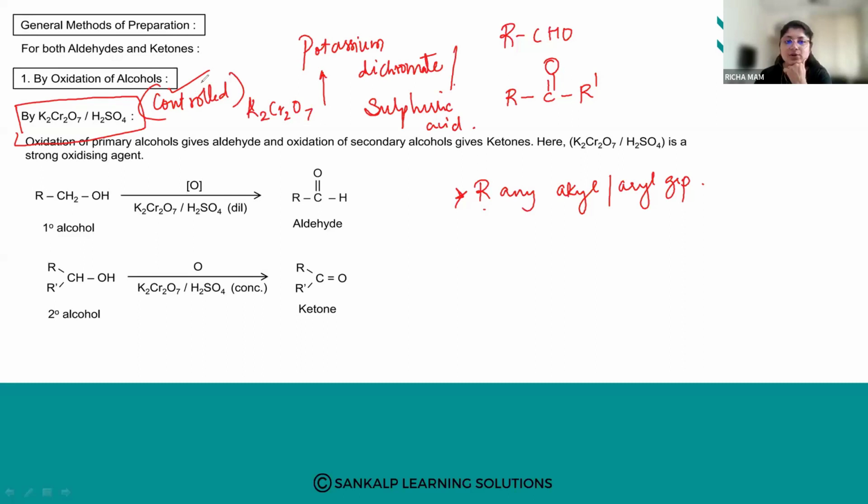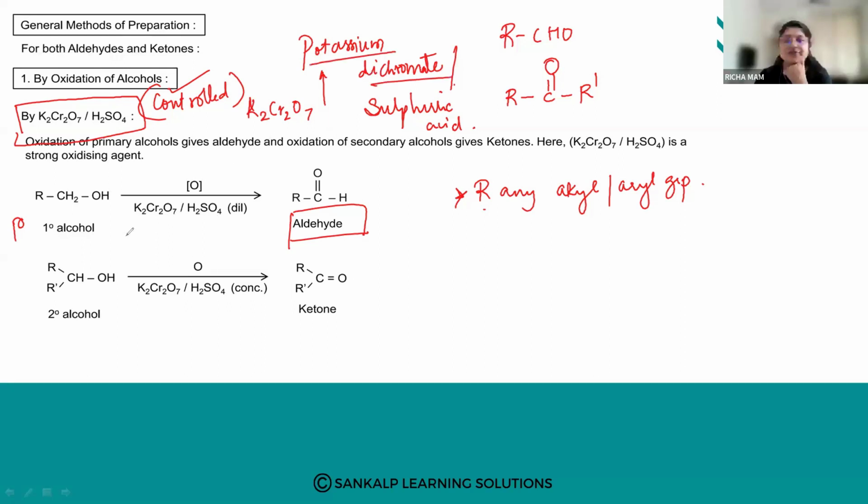Suppose we take a primary alcohol and do oxidation in the presence of K2Cr2O7 and H2SO4; we get an aldehyde. K2Cr2O7 is a good oxidizing agent.